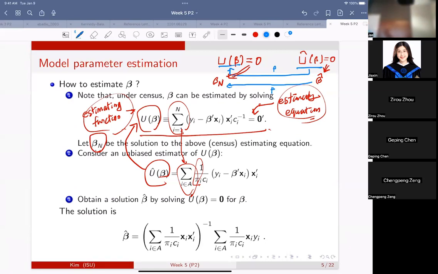It's not just pointwise convergence, it's actually uniform convergence in probability. That kind of condition is needed to justify the convergence of the solutions. But this is beyond the 521.